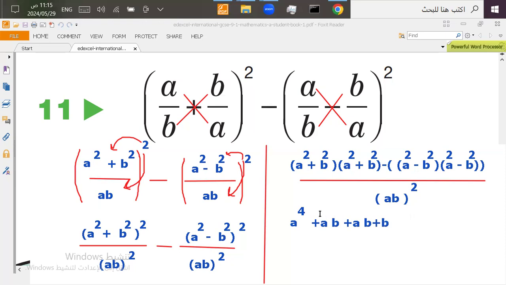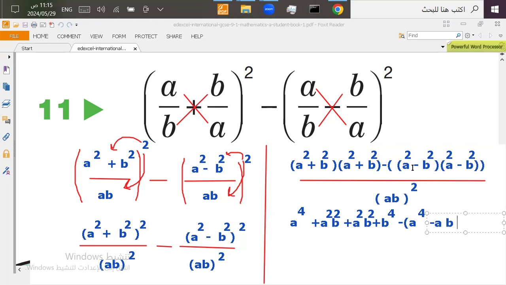So this one will be squared. Okay. And then here we have power of 4. Now we'll do the same idea with this one. So we have the minus first outside the bracket, so we don't get confused. A squared times a squared is going to be a power of 4. This one is power of 4. And then multiplied by minus b squared is going to be minus a squared b squared.